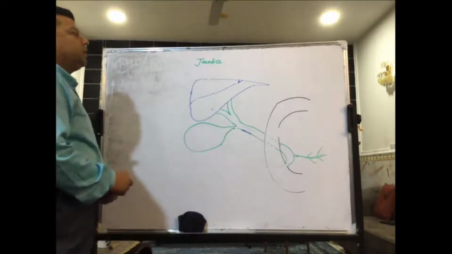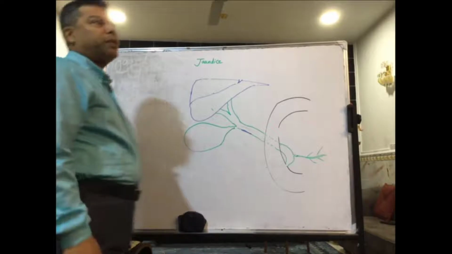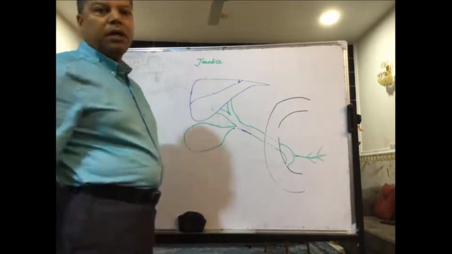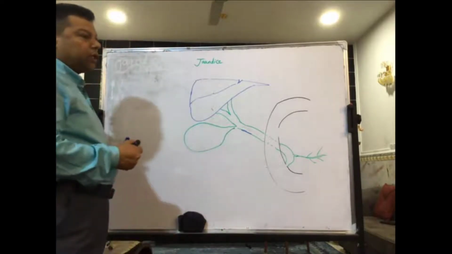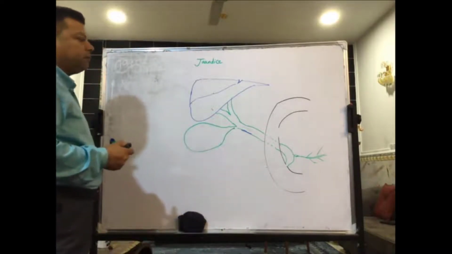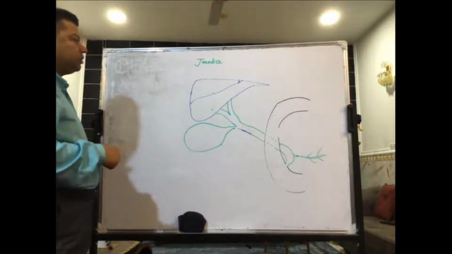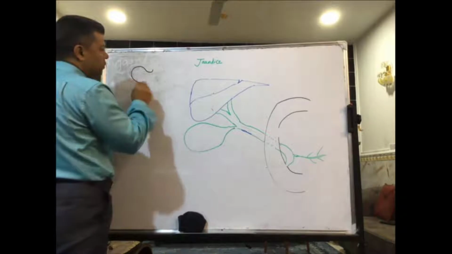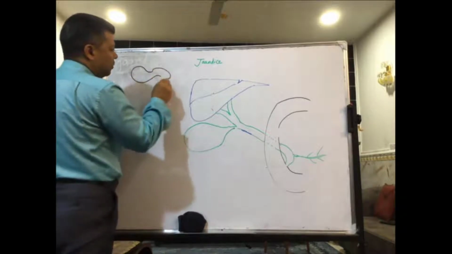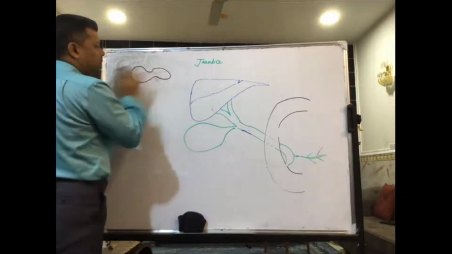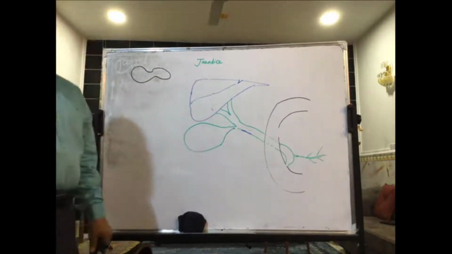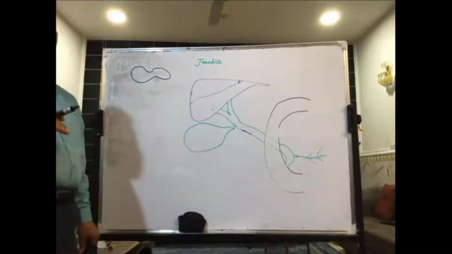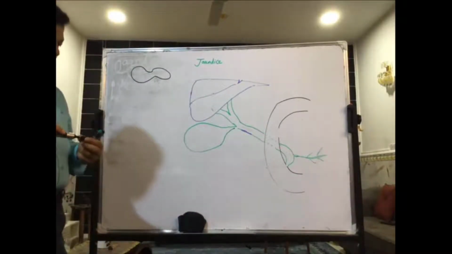So, where does bilirubin come from to become a pathological process and be seen as jaundice? Normally, the RBC is biconcave in shape. Its life is 90 to 120 days.